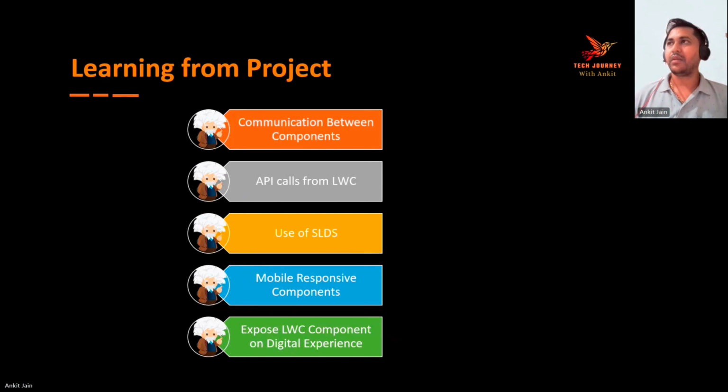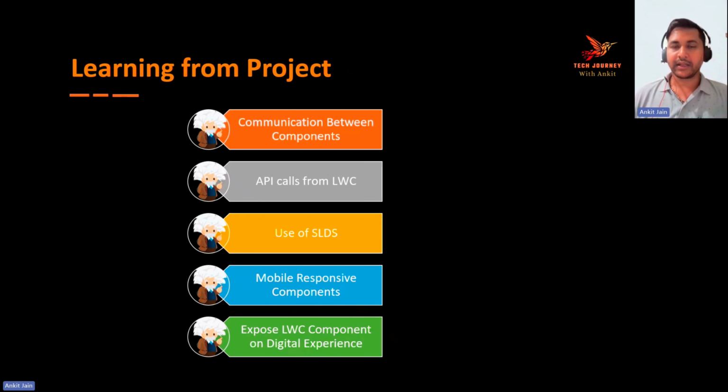So as I already discussed, these are the different learnings that we will have from this project. We will be exploring how to do the communication between the components, how to make an API call, and how to effectively use the SLDS, because I try to use maximum SLDS rather than writing custom CSS. Definitely there is some custom CSS as well, but I try to make maximum use of SLDS.